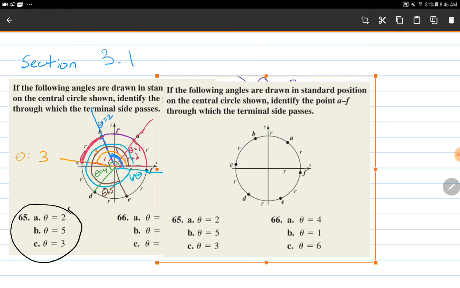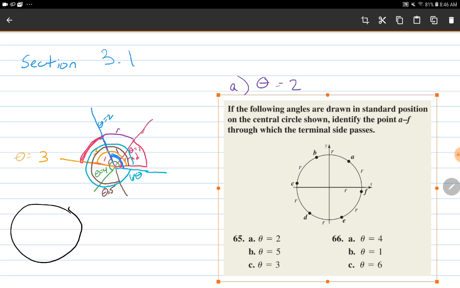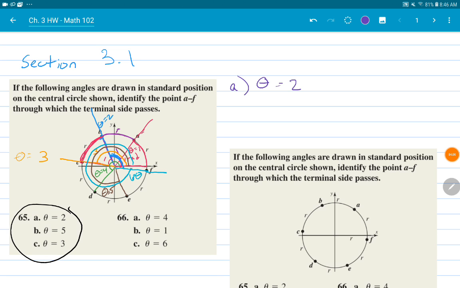I'm just going to slide it over here. So theta equal to 2 says, well, that's 1 radian, that's 2 radians, so this angle is 2 radians. Theta equals 2, and that terminal side has B. So the answer for this one is B.